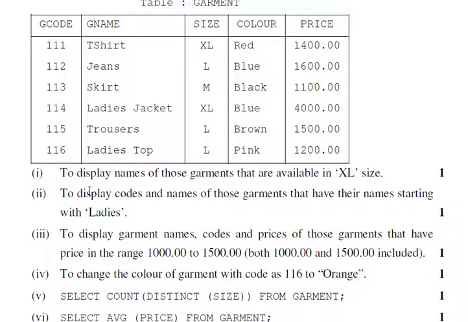To display the names of those garments that are available in Excel size. Okay, so now you can see display is given, and I have found many times that instead of select, many people write display. You don't have to use display, you have to write a select query. So it should go somewhat like this: select, then you have to see how many columns we want to print.